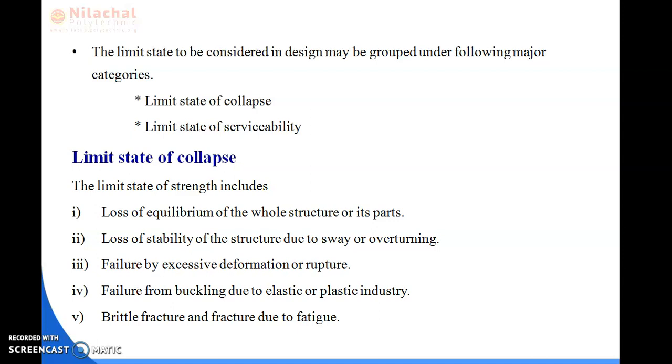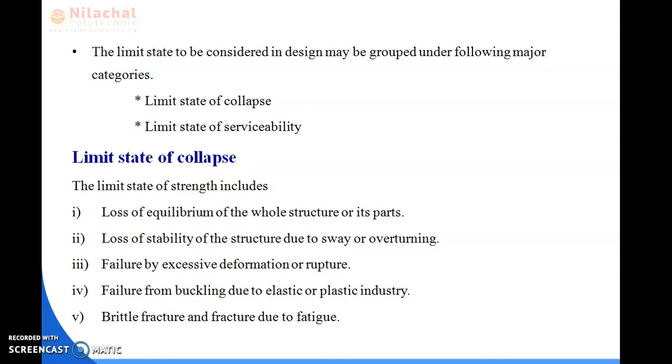Next is the loss of stability of the structure due to sliding or overturning of the structure. Next is failure by excessive deformation or rupture. Next is failure from buckling due to elastic or plastic instability.